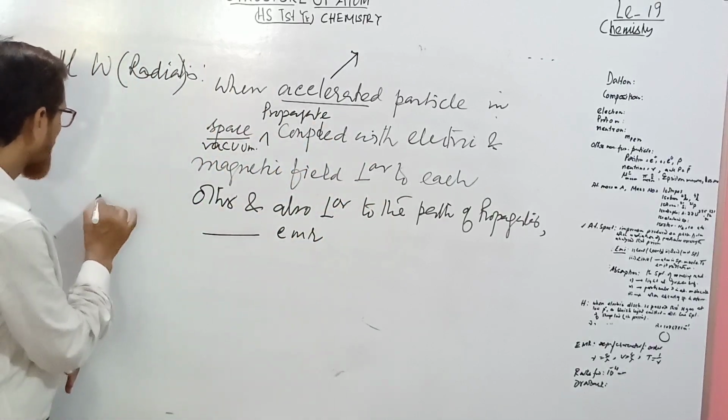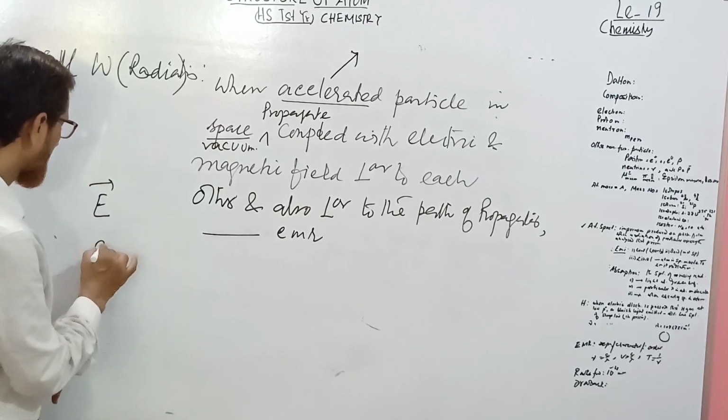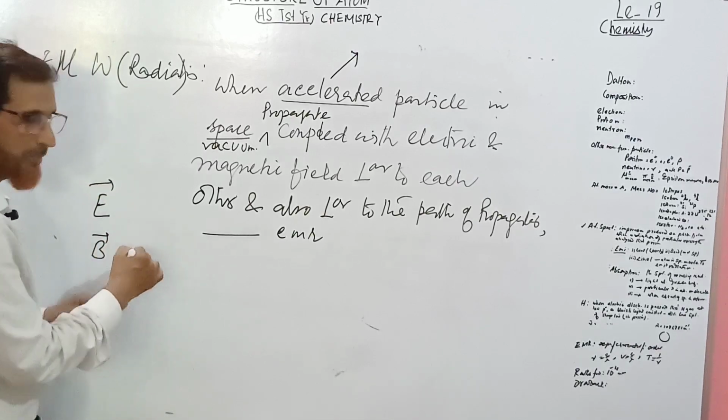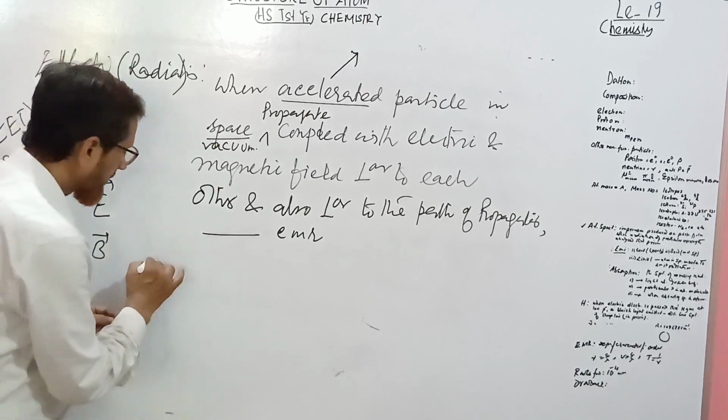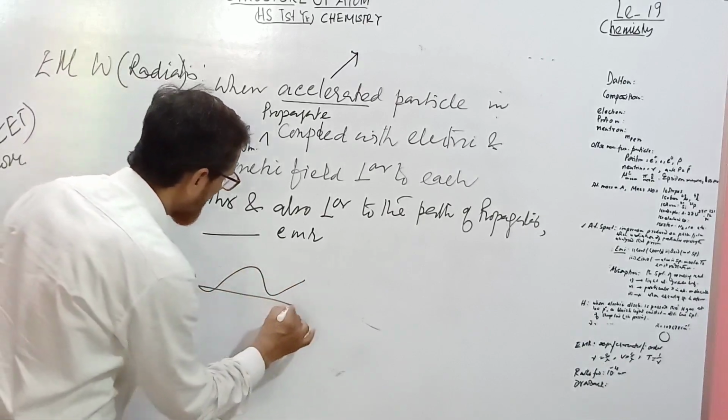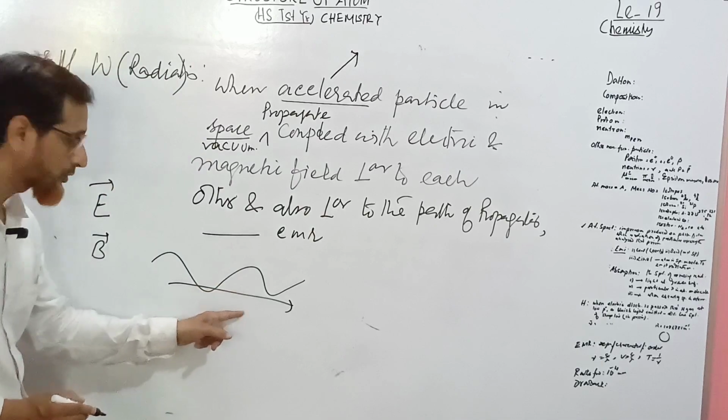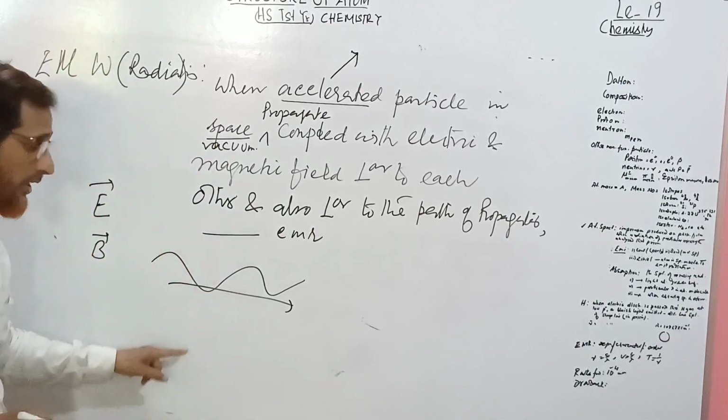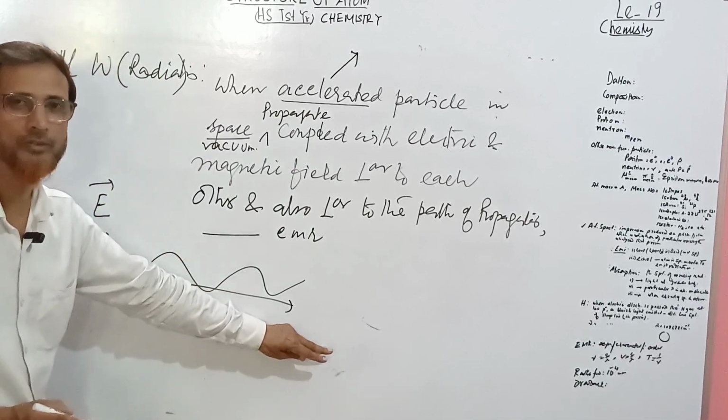So there is an electric field and there is a magnetic field. Am I right? Both fields are perpendicular to each other and they propagate in this way. This is the path of propagation, and these two fields are also perpendicular to the path of propagation of the wave.